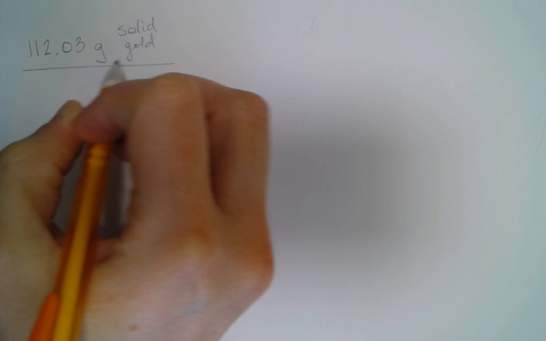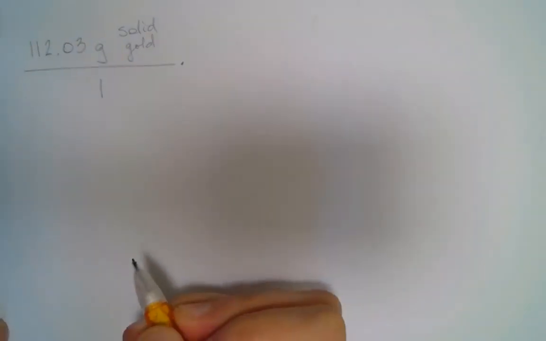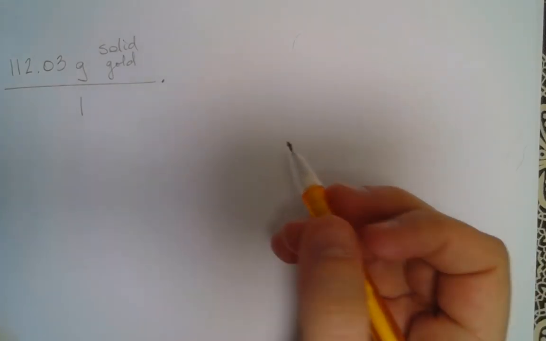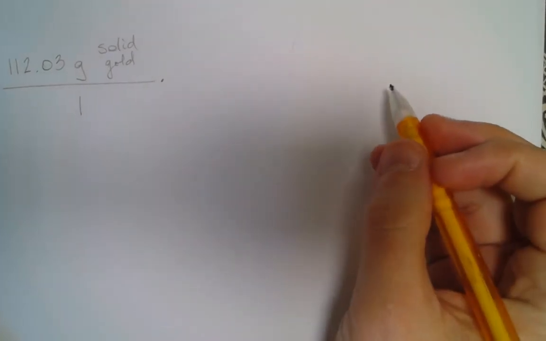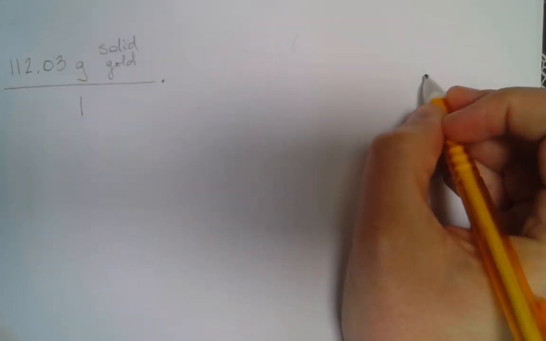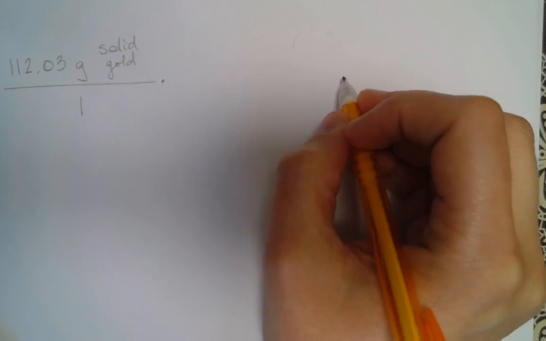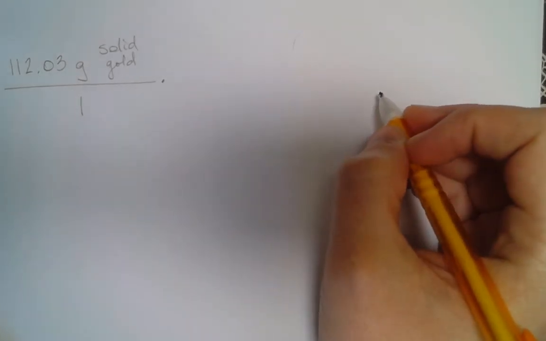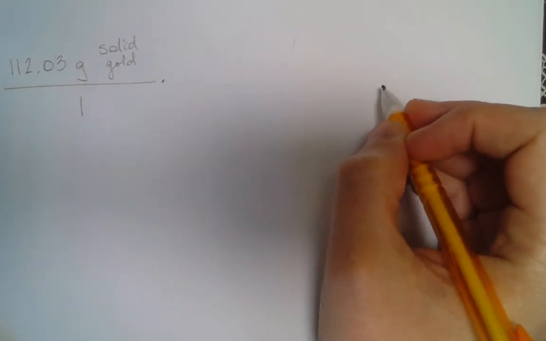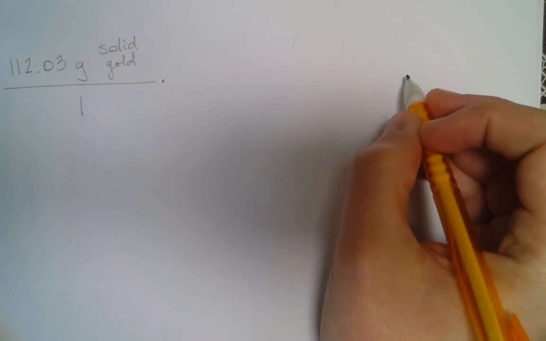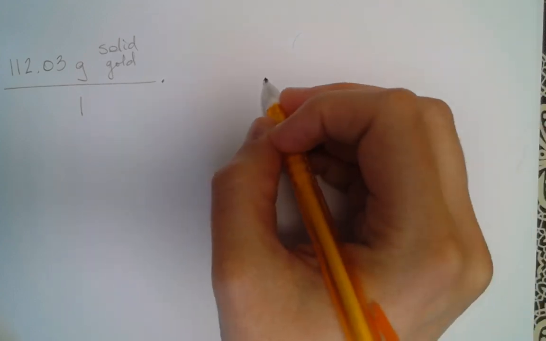And then on the other one, I put the number of atoms because that's what we want. Great. And then under that was another grams. And so what I did is that I put the molar mass of gold on top.